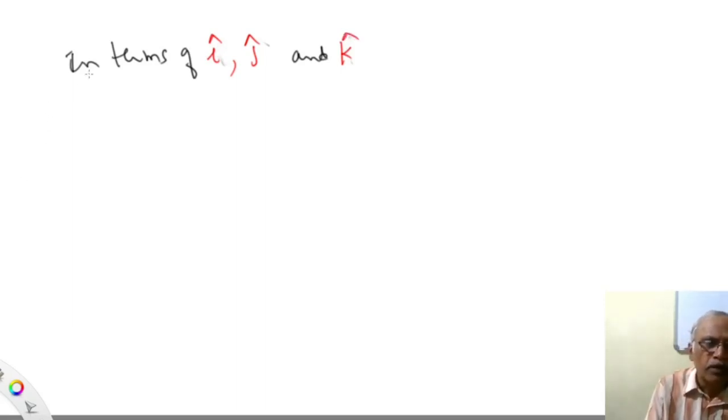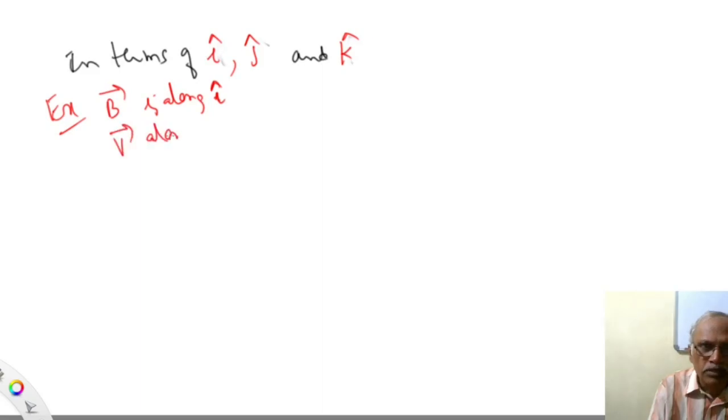For example, if B bar is along I cap, that is, along the X axis, and velocity is along J cap, then F bar will be along V bar cross B bar.